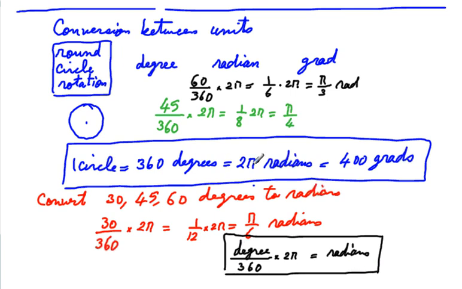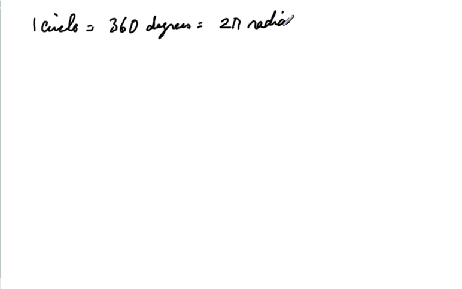It comes from this equivalence. You take your number of degrees divided by how many degrees make a whole circle, multiply that by how many radians are in a full circle, that converts it to radians. So once again, one circle or one rotation is 360 degrees, which is 2 pi radians, which is 400 grads.